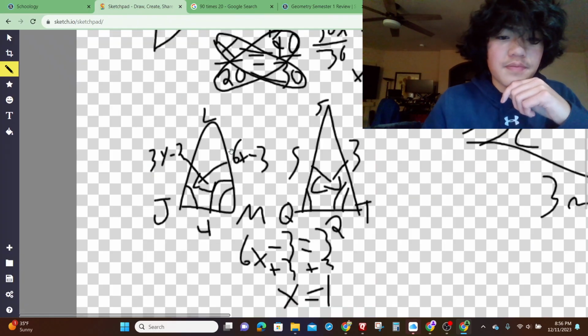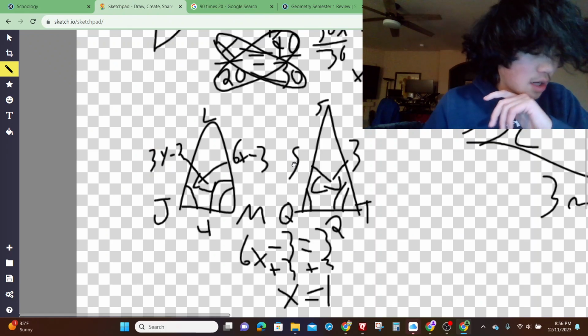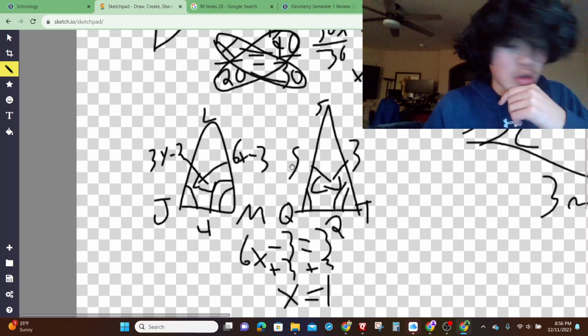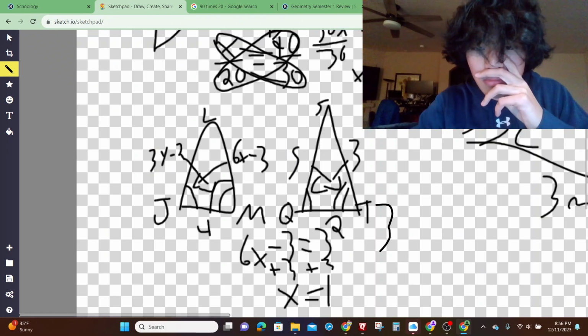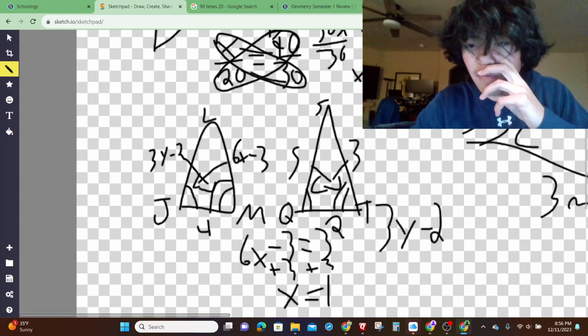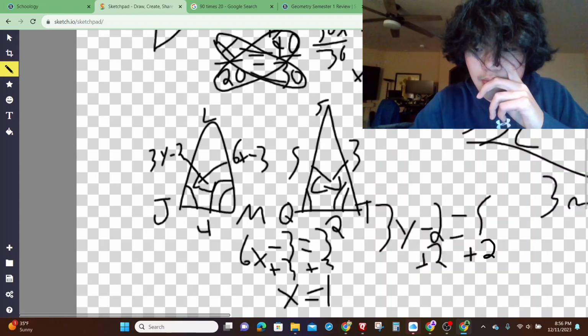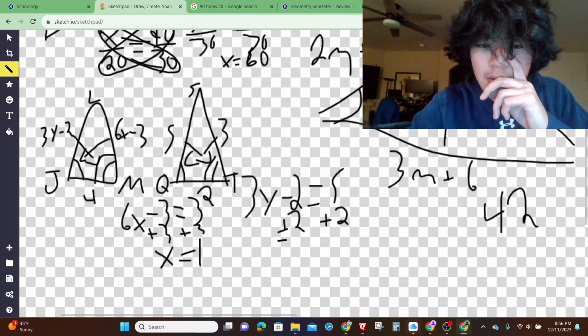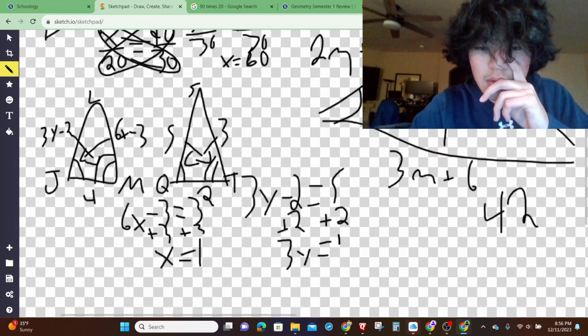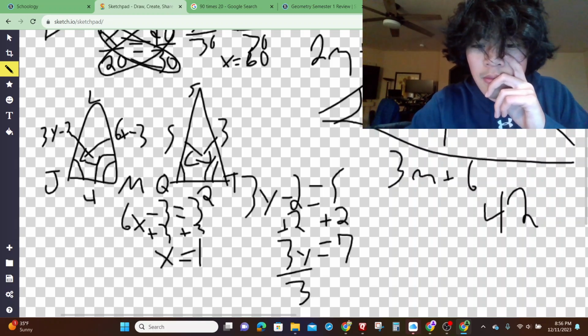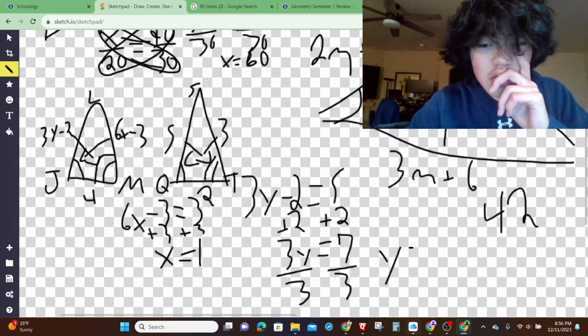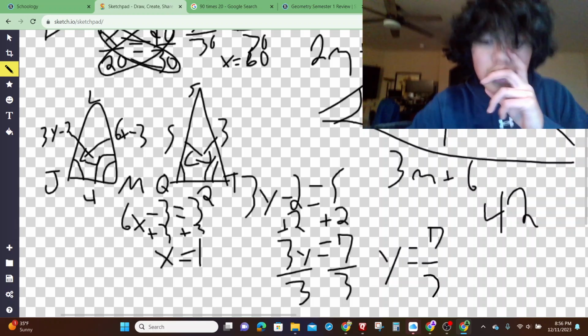So y. What does y equal? Well, let's find out. 3y minus 2 equals 5. Okay, plus 2, plus 2 here. 3y equals 7. Divide by 3. Y equals 7 over 3.